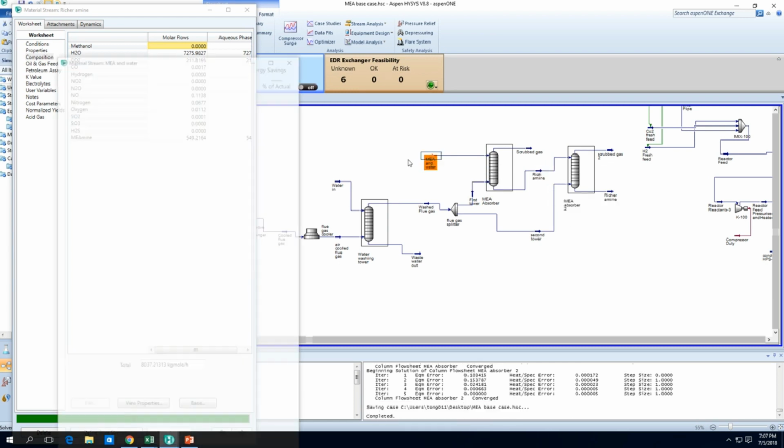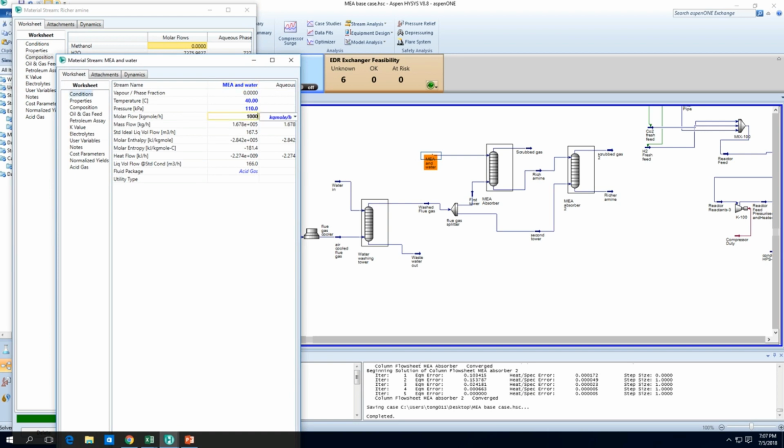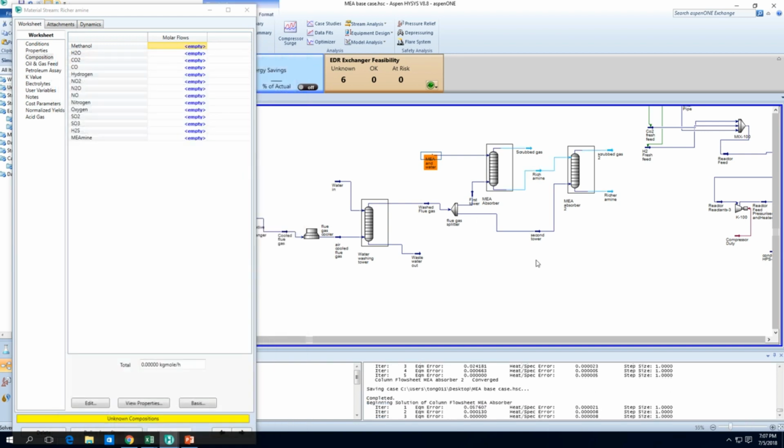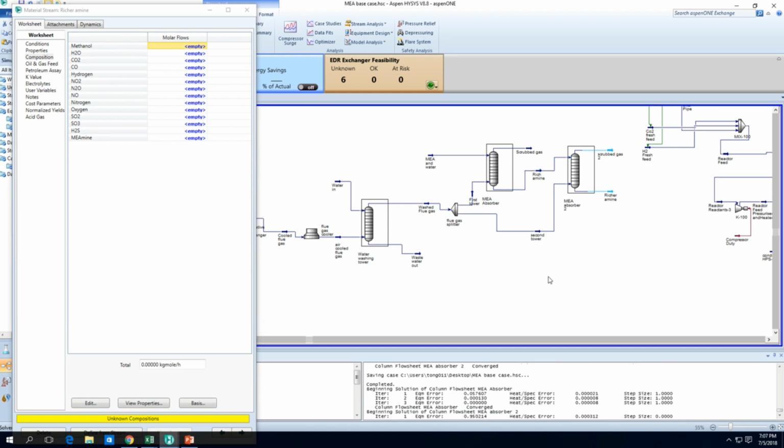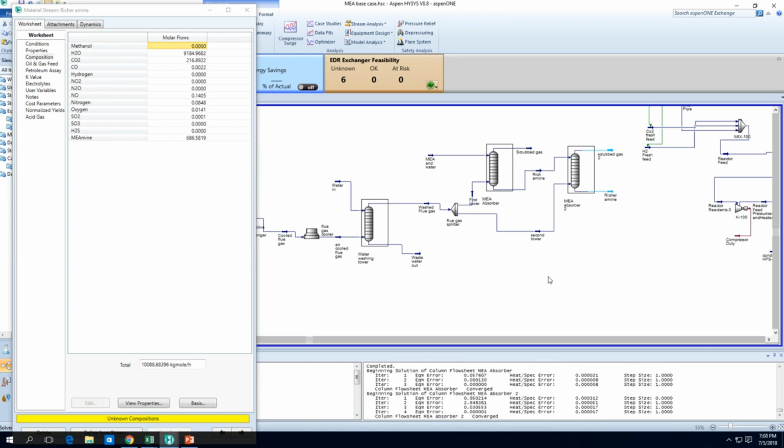So let's increase it to about 10,000. Okay. Oh, so yeah, increasing doesn't seem to do much.